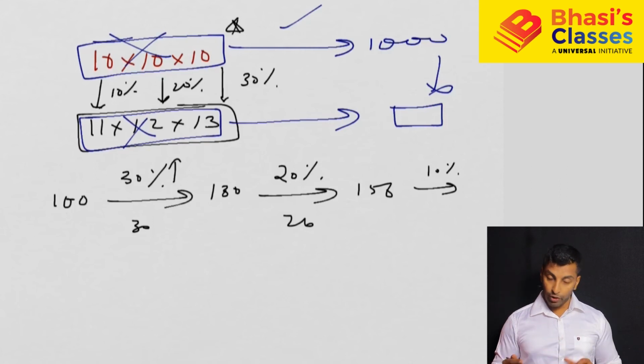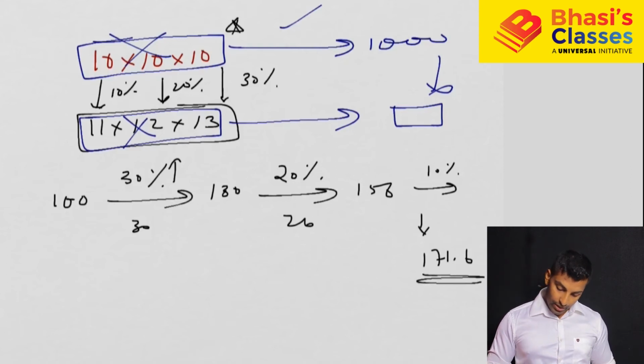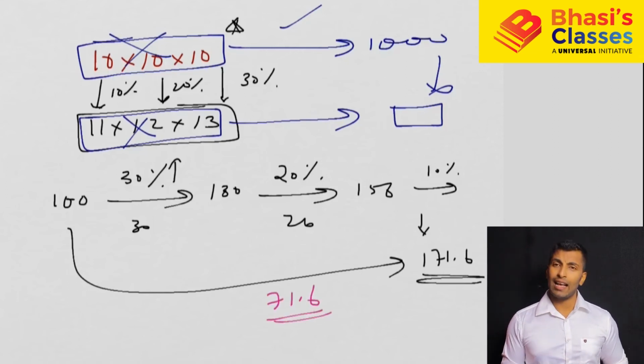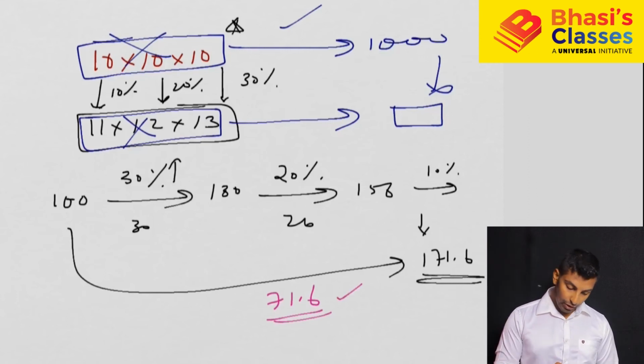So 156 plus 15.6 means 171.6. So 100 to 171.6. So what is the effective change? 71.6. And that's what exactly you will get if you use the formula also. So what is the increase? 71.6.